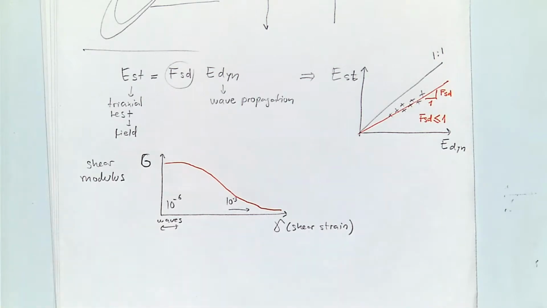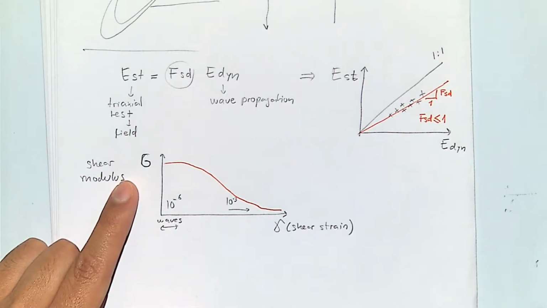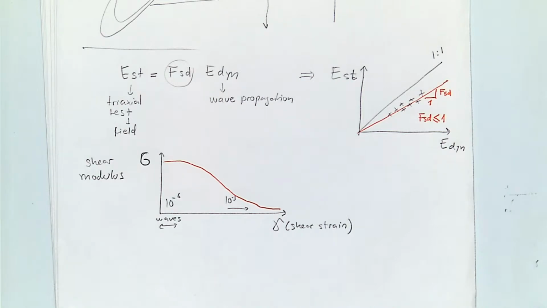And with those larger strains, some of these materials undergo irrecoverable deformation that ends up lowering the value of the shear modulus. For example, you may also get some grain crushing, some propagation of microfractures that you do not have with wave propagation.